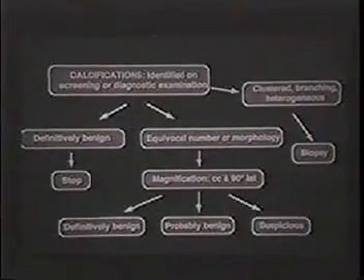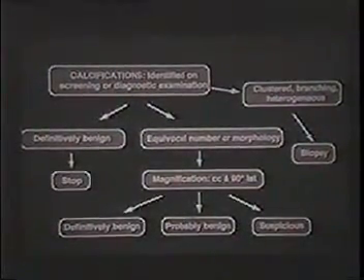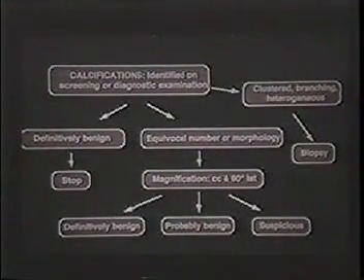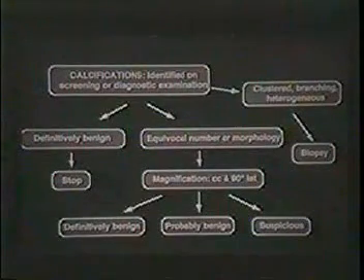Eventually, it's thought that there'll be algorithmic approaches for almost every condition. And in fact, there are groups working on these, including the Agency for Healthcare Policy and Research, which is working on clinical algorithms. American College of Radiology is working on diagnostic algorithms, which are called appropriateness guidelines.